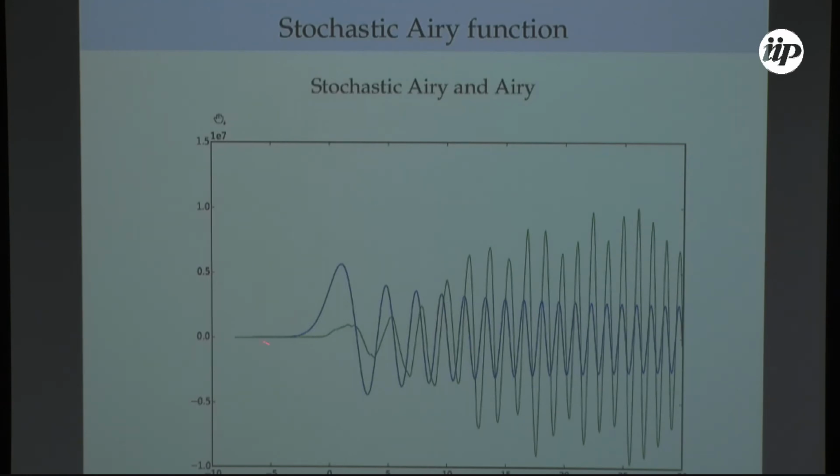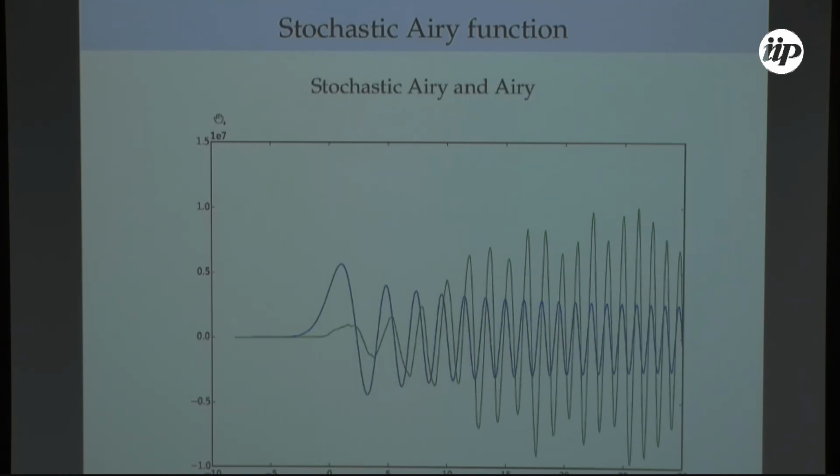And you can see that it's doing something like Airy, but it has some sort of fluctuations. It's interesting as a question to ask if stochastic Airy has the same type of decay properties as Airy. This is an open question. For example, we know that Airy decays like a power of t. Is it also true that stochastic Airy decays?